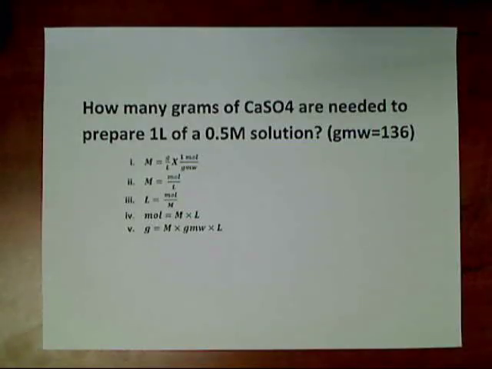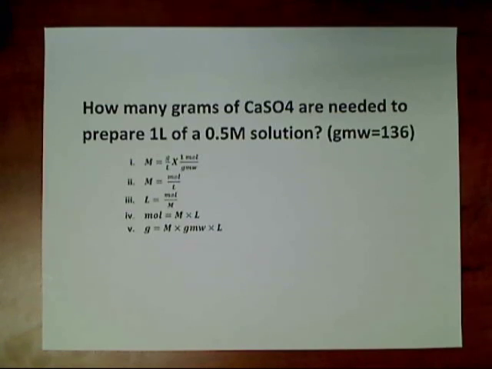For this problem, we are going to see how many grams of calcium sulfate are needed to prepare 1 liter of 0.5 molar solution with a gram molecular weight of 136. Now we have the same calculations listed that I had in the last frames, but we're going to be using a different one.